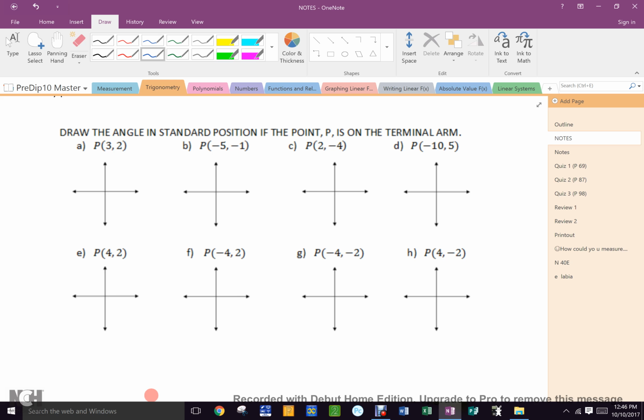So all I want you to do here is draw these. So this is a point, yes? Where would it be? 3 here and up 2, yes? So that would be the angle. Does everyone agree? Okay. Where would this one be? You guys fill those in. I'll fill mine in a sec.